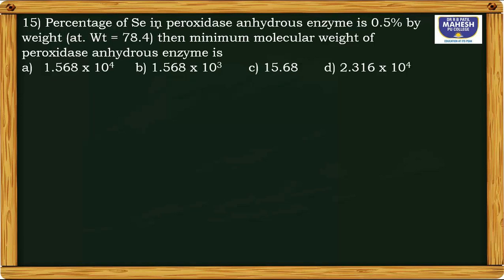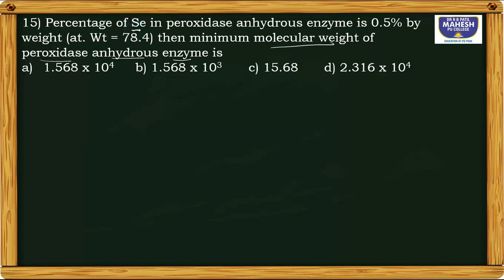Next question. Percentage of selenium in peroxidase anhydrous enzyme is 0.5% by weight. Atomic weight of selenium is given as 78.4. Then the minimum molecular weight of the peroxidase anhydrous enzyme that we have to calculate. Please read once again.